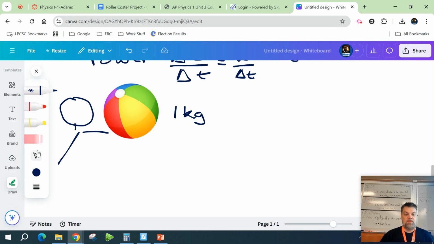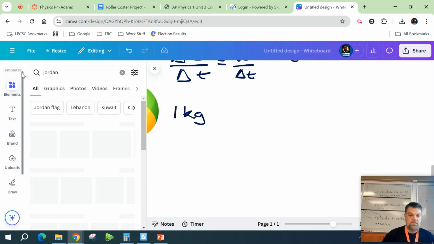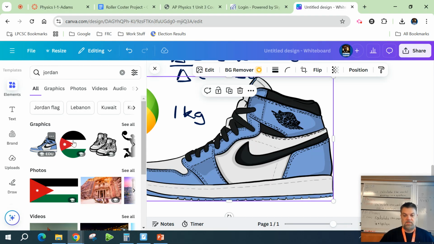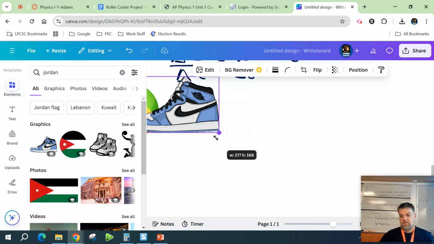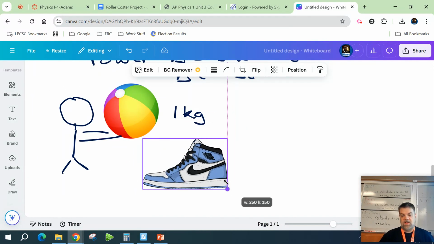Oh, that's a horrible stick figure. I started to draw the legs, forgot about the body. So that's me holding it. Oh, no, that's not good. You guys know I like fresh kicks.